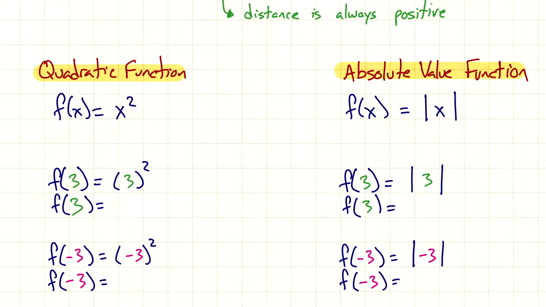So if I plug in a 3 to this equation, 3 squared is going to give us a 9, right? Now on the absolute value, when we plug in a 3, it's really asking us how far is 3 from the number 0?